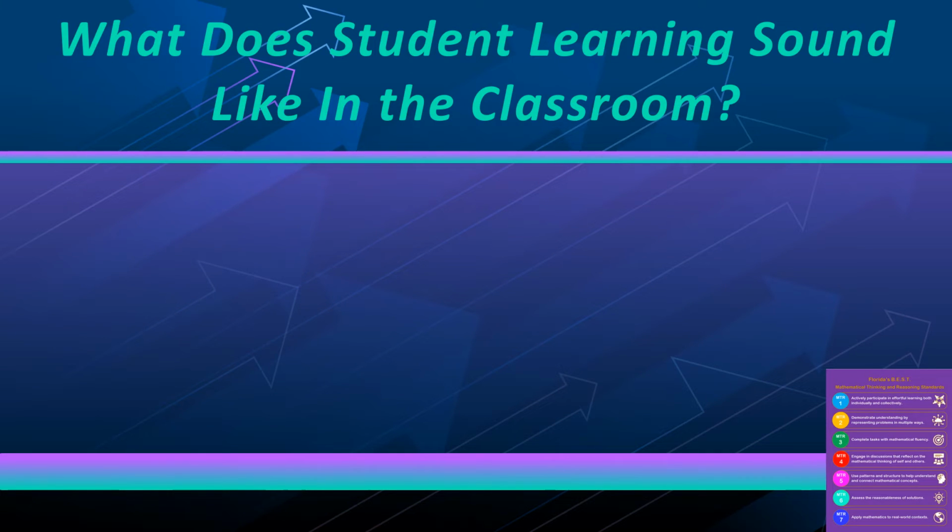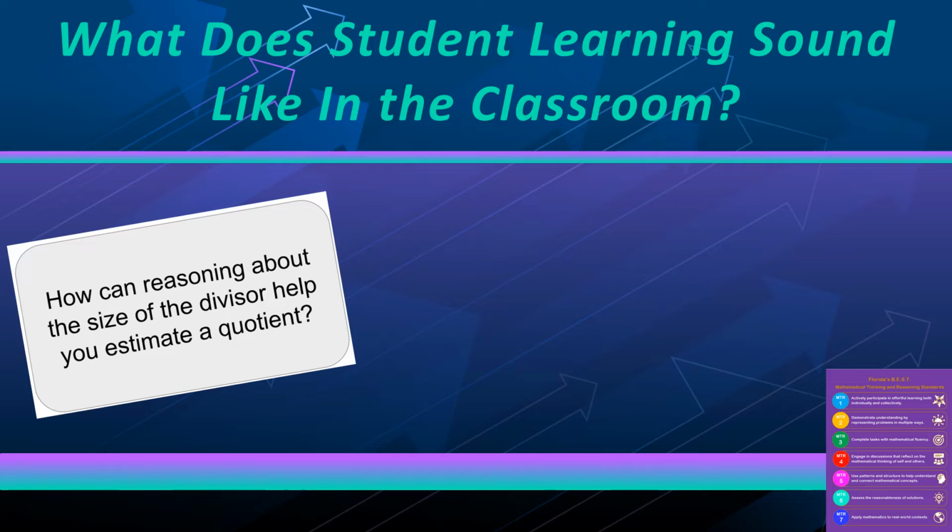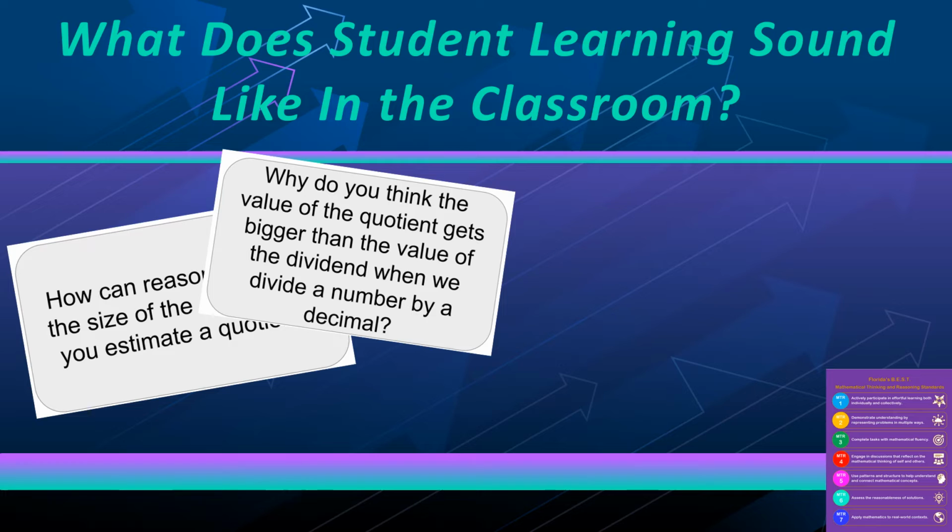The types of questions we ask the students will help facilitate the student conversation in the classroom. Here are some examples of math chat questions taken from STEMscopes. When dividing by decimals, we want students to estimate to determine the reasonableness of their quotient.